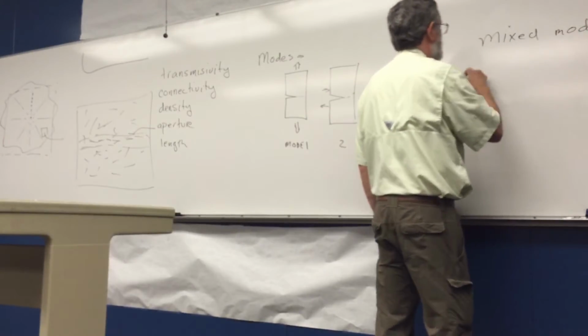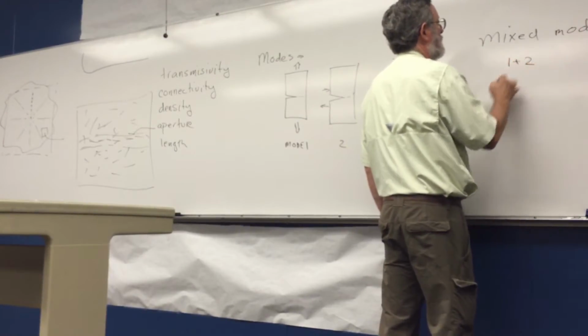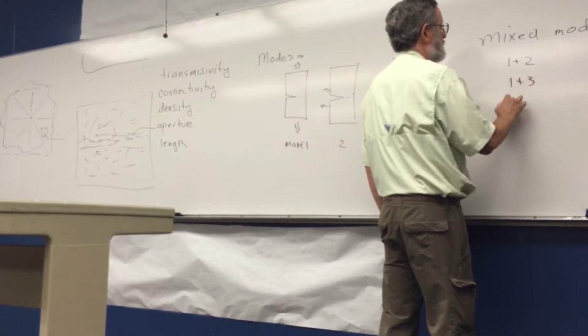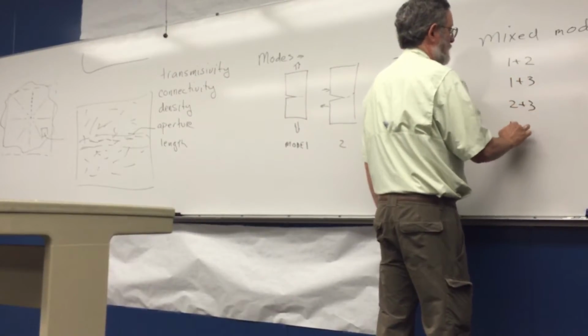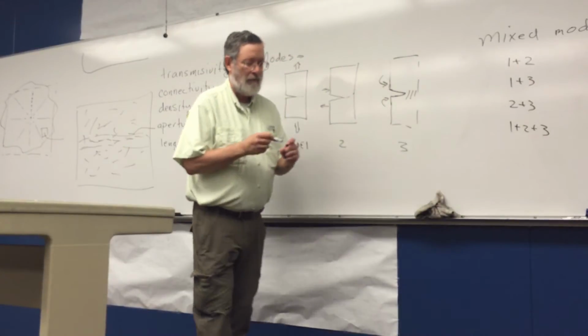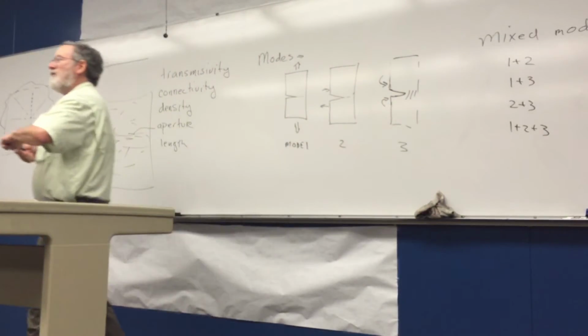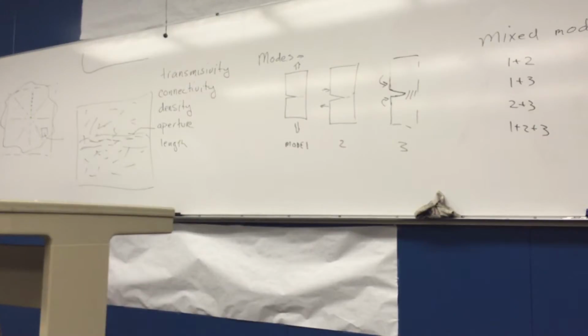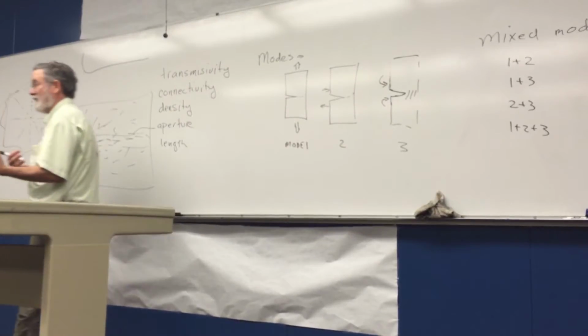With a mixed mode flaw, you can have mixed mode 1 plus 2, 1 plus 3, 2 plus 3, 1 plus 2 plus 3, depending on what's going on in the near field of that propagating fracture and the far field of that propagating fracture.